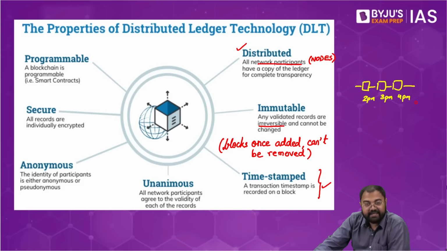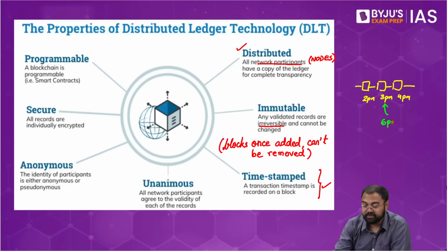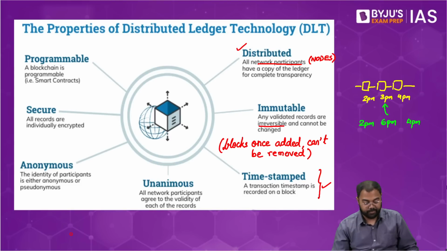But in case somebody tries to hack into the system at 6 p.m. and tries to hack into the second block, then the time of this block would change to 6 p.m. So now it would look like this: 2 p.m., 6 p.m., and 4 p.m., which will be a clear indication that somebody tried to modify the block or play around with the block. So that's why all these precautions are also helping.